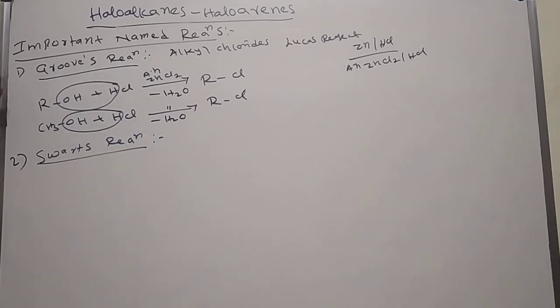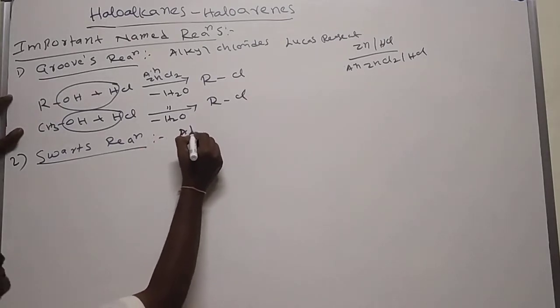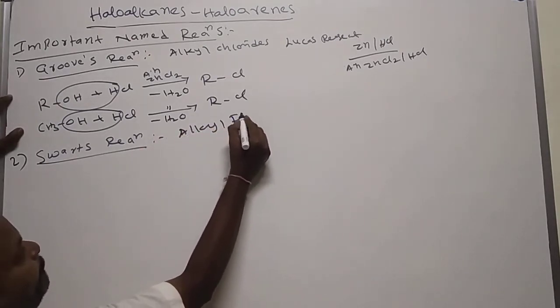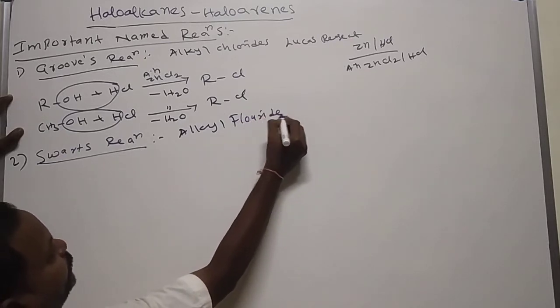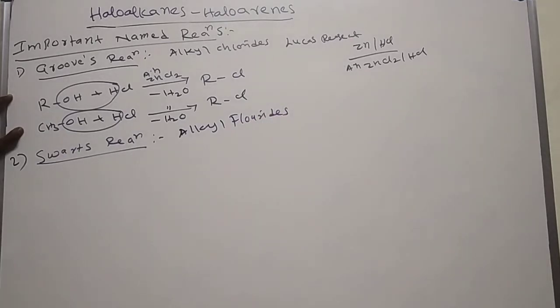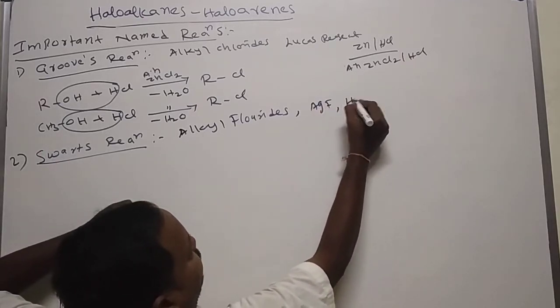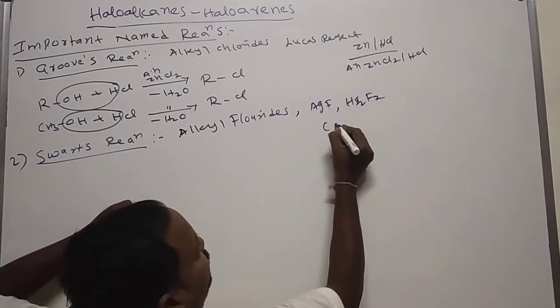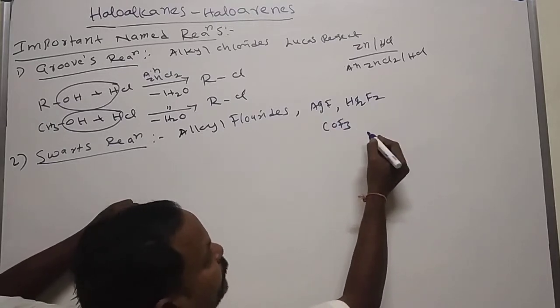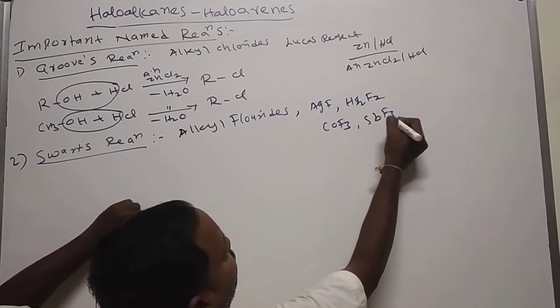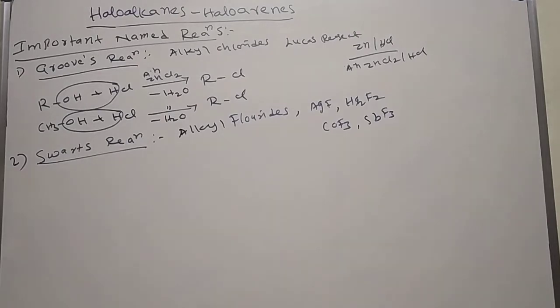Swarts reaction is used for the preparation of alkyl fluorides. The reagents are AgF, Hg2F2, CoF3 (cobalt trifluoride), SbF3 (antimony trifluoride) or antimony pentafluoride.